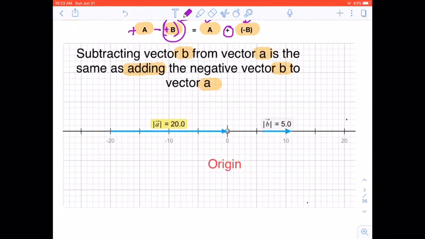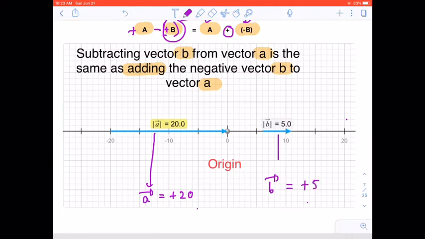So for instance, let's say vector A is equal to plus 20, and vector B is equal to plus 5. They both have a plus, indicating that they are in the same direction.